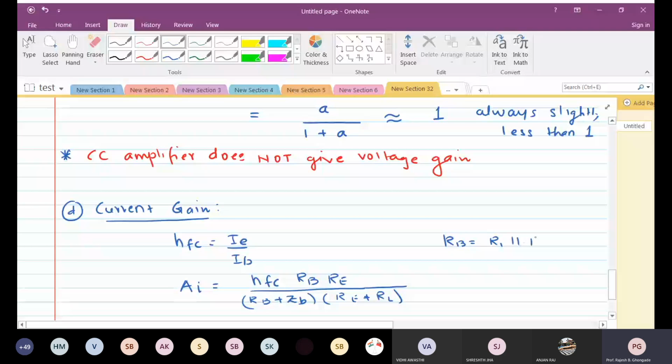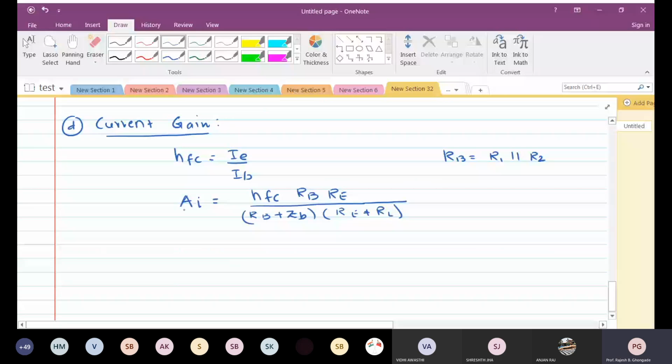This derivation is exactly like common emitter. And here itself you will see that this circuit gives you current gain. So this is the circuit current gain. This is the device current gain. So the circuit current gain is larger in this case.